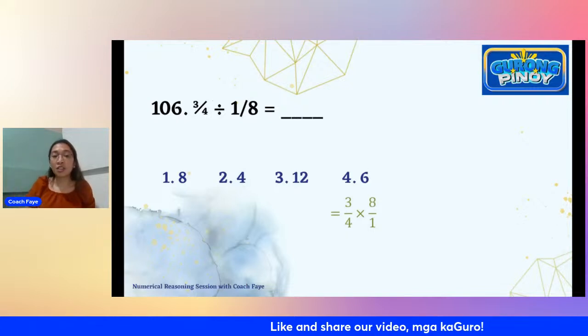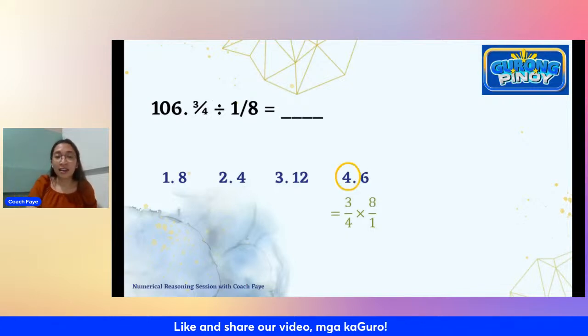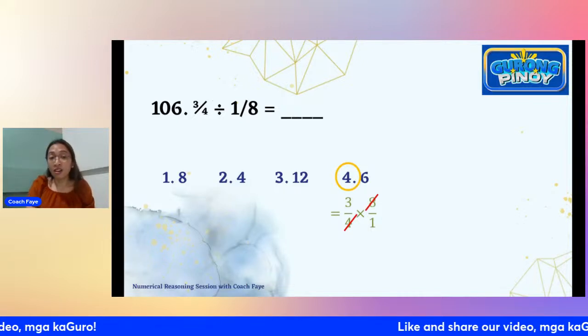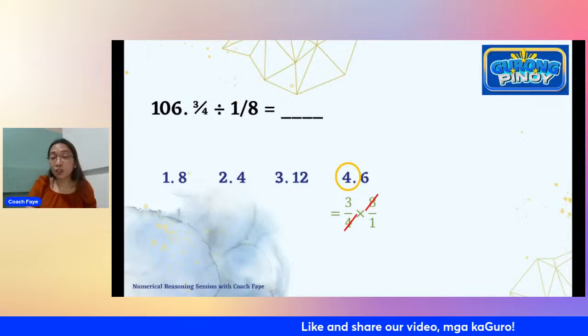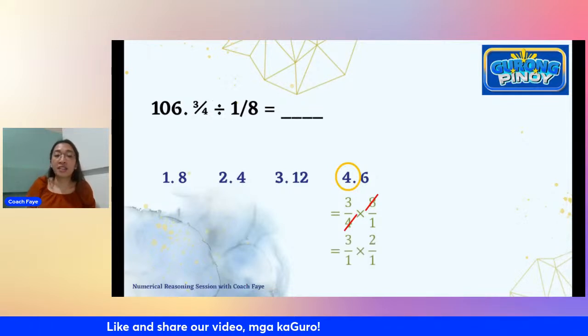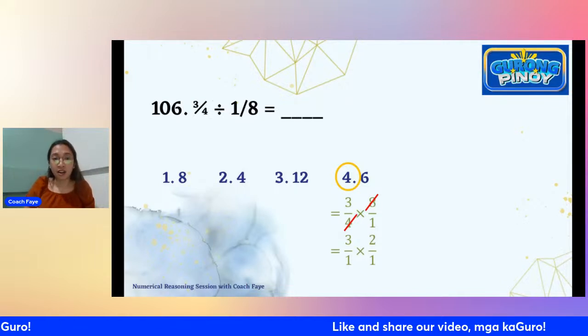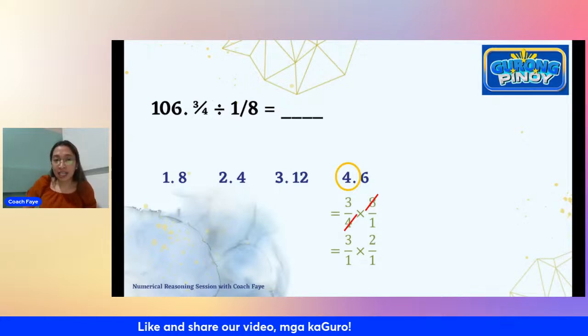So, ang nangyayari po dito, meron po tayong 8 and 4, which are both divisible by 4. So, it means yung 8 magiging 2, yung 4 magiging 1. And then you would end up with 3 over 1 times 2 over 1, which of course is option number 4.